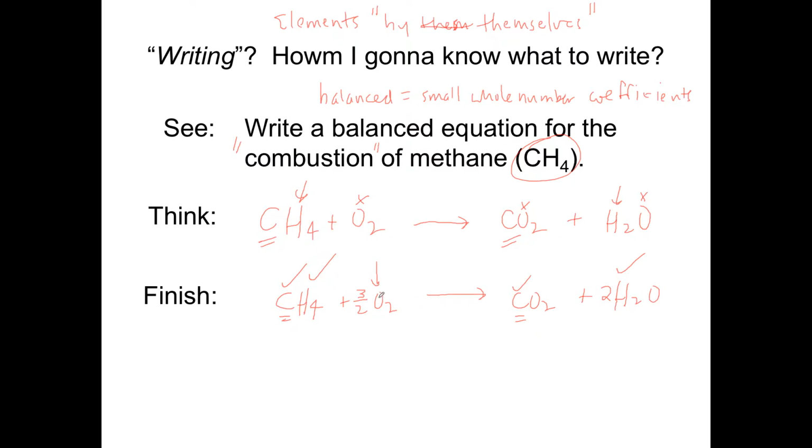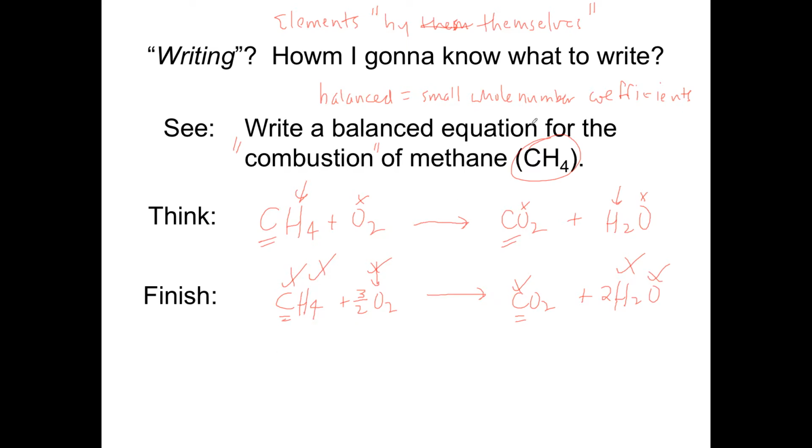Before I do that, let's make sure we got everything right. Carbon is 1 and 1. Hydrogen is 4 and 4. That's good. And oxygen is 3 halves of 2, which is 3, and 1, 2, and 3. So oxygen's good too.